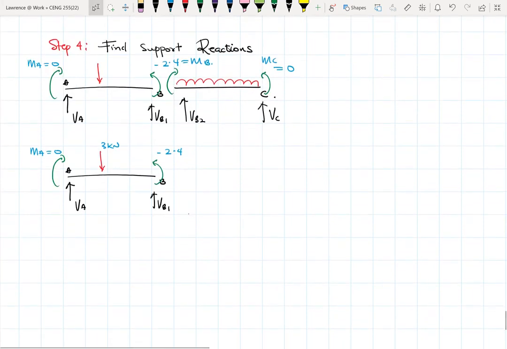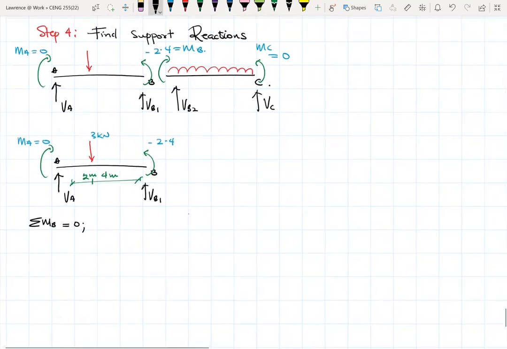So here this becomes simply supported. I can find my reactions. I can find VA and find VB1. So let's say summation of moment at B is equal to 0. So it becomes, I think the distance here, this is 2 and this is 4 meters. So summation of moment at B equals 0.